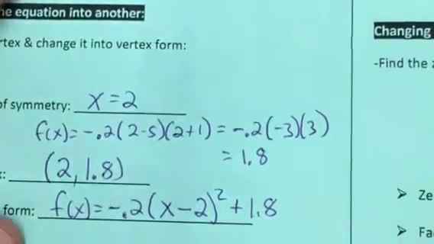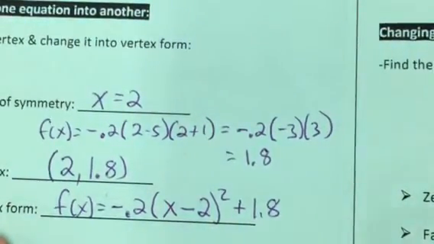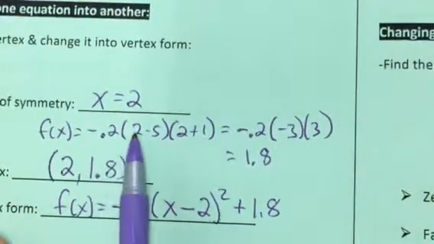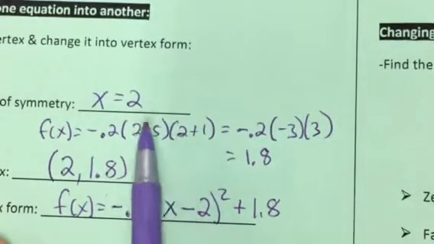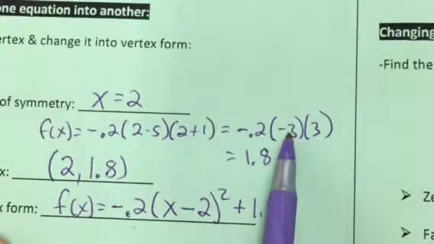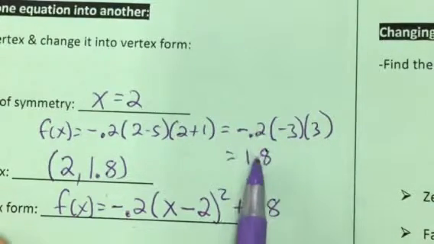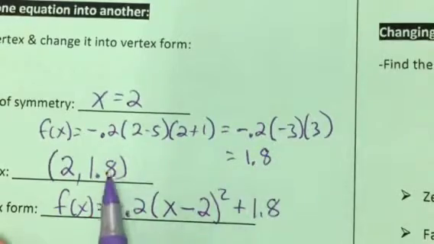If you didn't catch all that because I didn't have the camera in the right place, I'm sorry. But now you should be able to see it all. This was me plugging the 2 in for x: 2 minus 5, 2 plus 1, times this, bam, my y value.